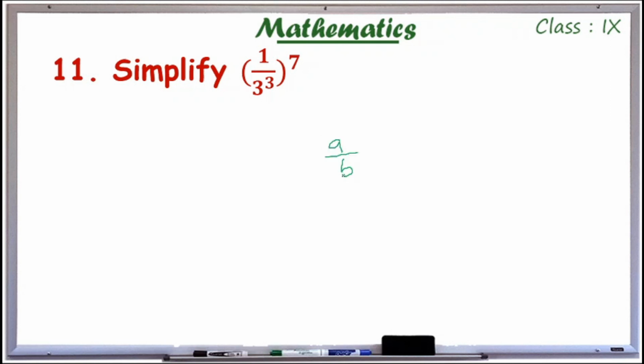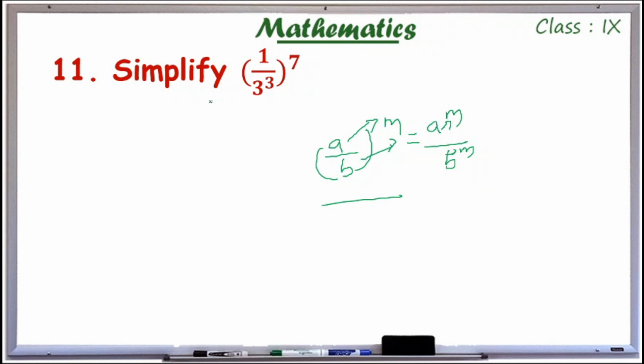This is a by b all raised to m, which is equal to a raised to m by b raised to m. So if the power is common for a and b, we just give the power to a and b.